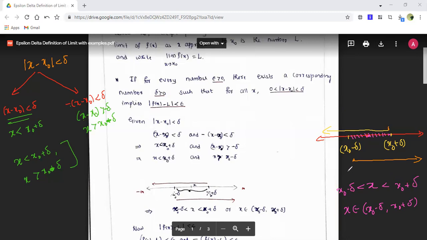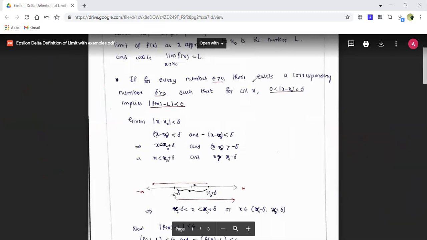Similarly, now we will take up the next part, that is modulus of f of x minus L is less than epsilon. The same way, this implies it has both positive and negative values. So f of x minus L is less than epsilon, and minus of f of x minus L is less than epsilon.